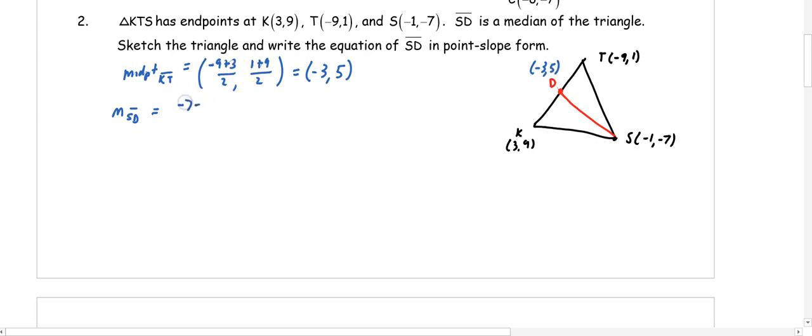So I have y2 minus y1 over x2 minus x1. So remember, two negatives make a positive. So I get -12 over 2, which reduces to -6. So now I can use my median and my slope to write my equation in point slope form. So I have y minus 5 equals -6 times x plus 3.